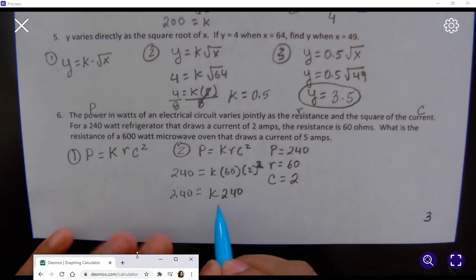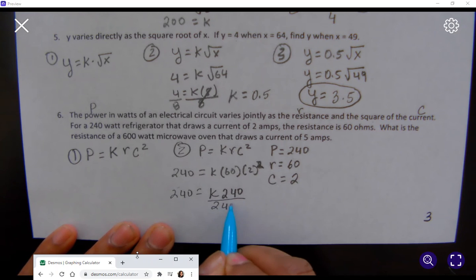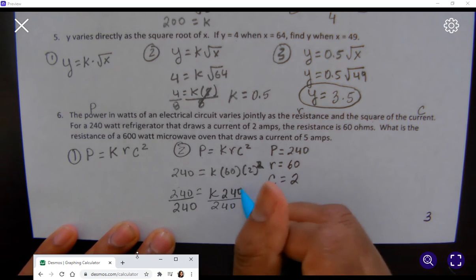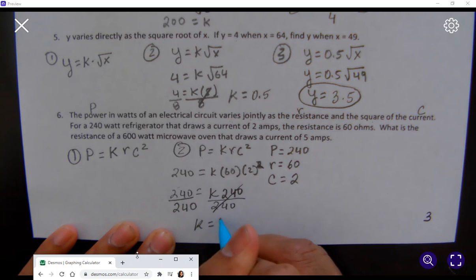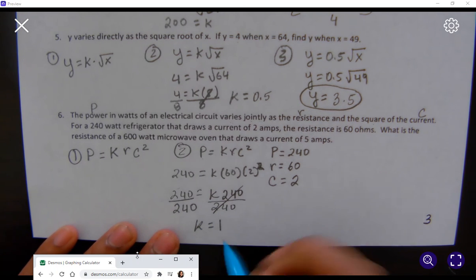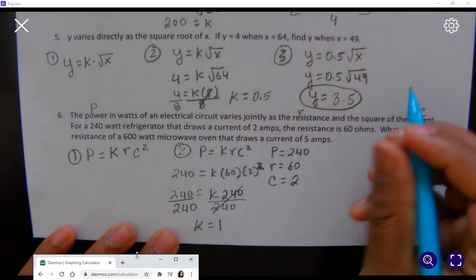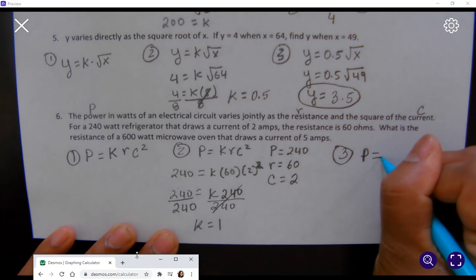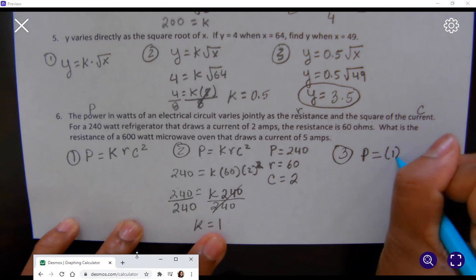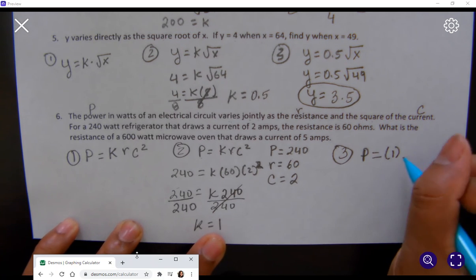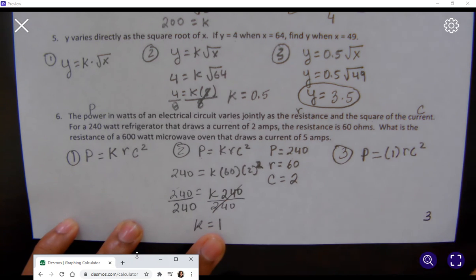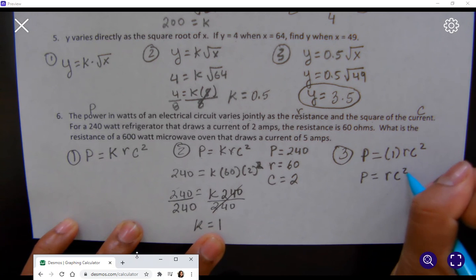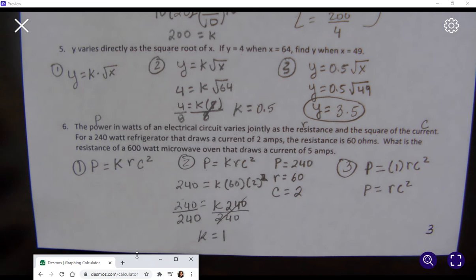Alright, and then to get k by itself, you're going to divide by 240 on both sides. So you have k equals 1. Now I'm going to take the k and plug it in here. So you have here the third part, you have p equals, k is equal to 1, and then rc squared. So you have p is equal to, that's just rc squared, it's just 1, right?